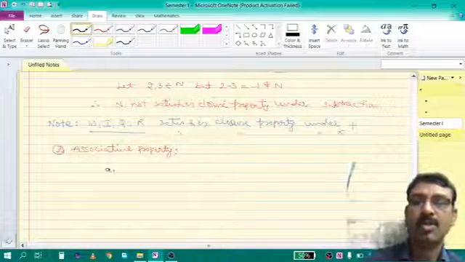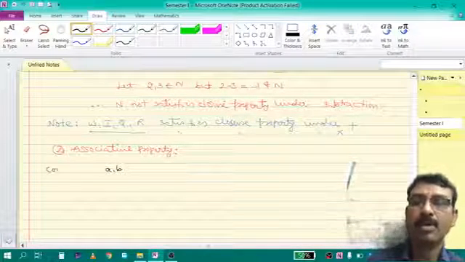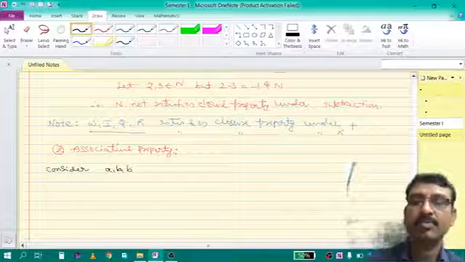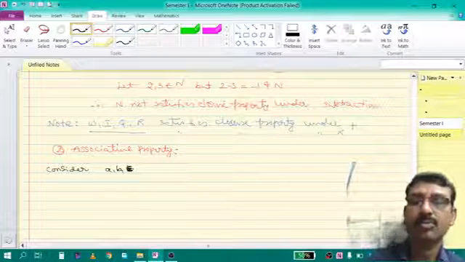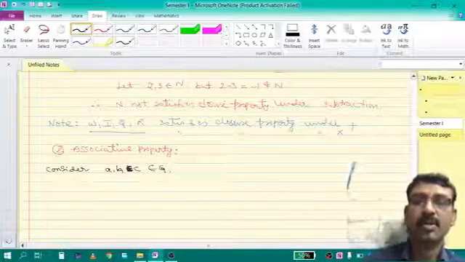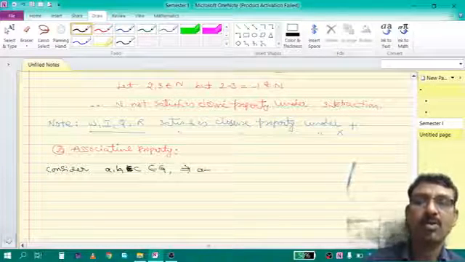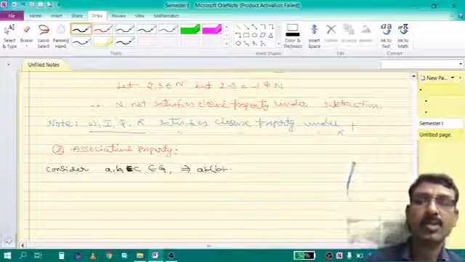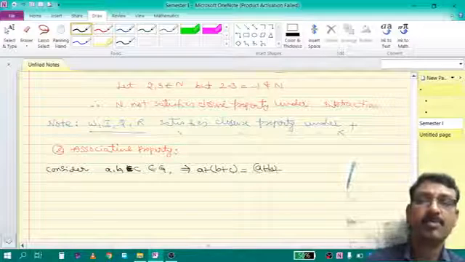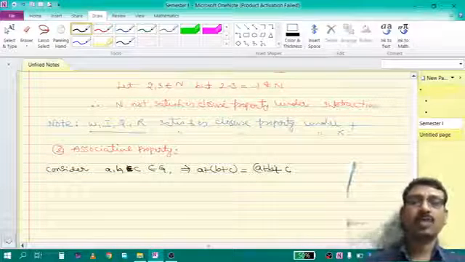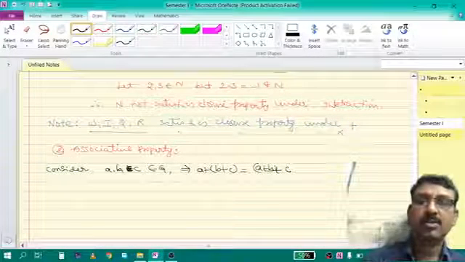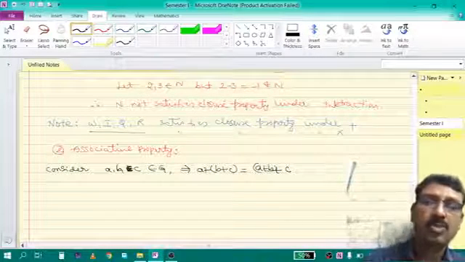So consider three elements A, B, C belonging to a non-empty set G. Then we should have (A plus B) plus C equal to A plus (B plus C). So we should have this relation. Then we say that the set is associative under addition.